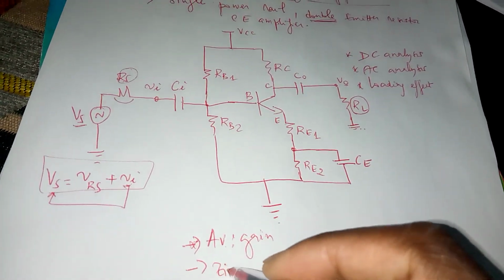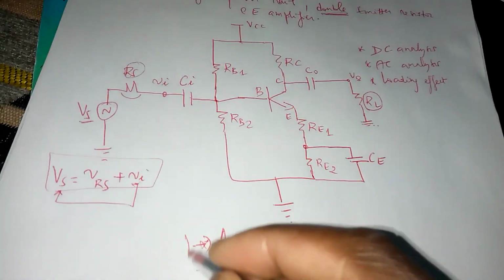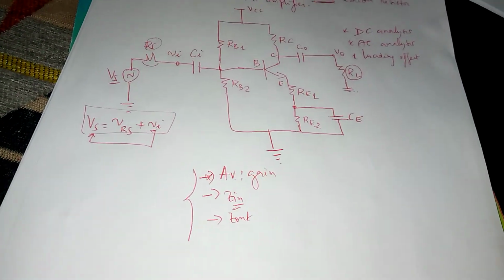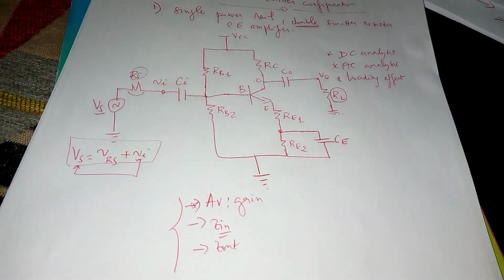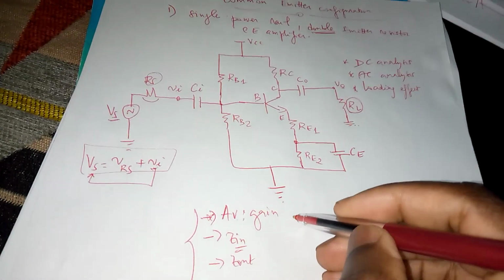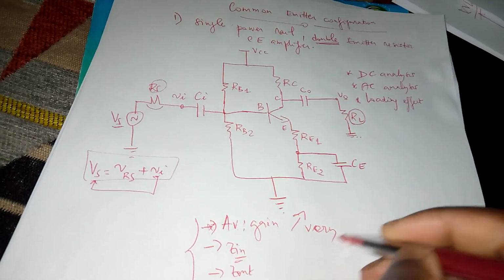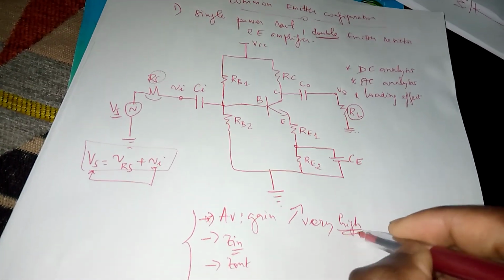We're going to look at what we call input impedance, and we're going to look at what we call output impedance, because take note that the characteristics of an ideal amplifier, meaning the amplifier that one would like to have, is one with a very high gain, because no one would want less gain.